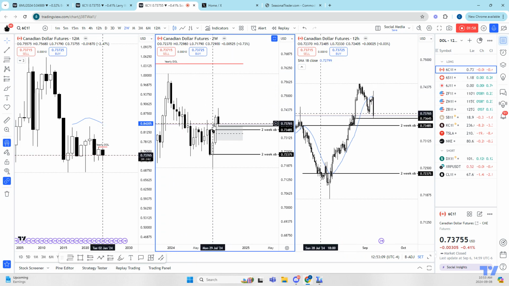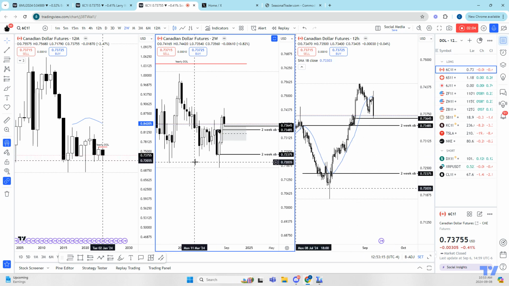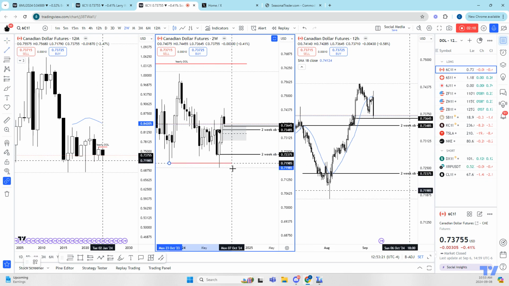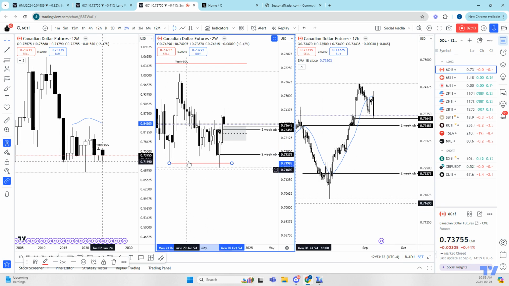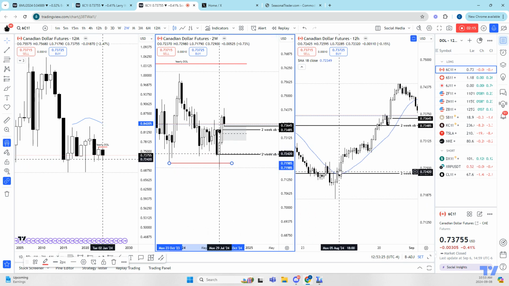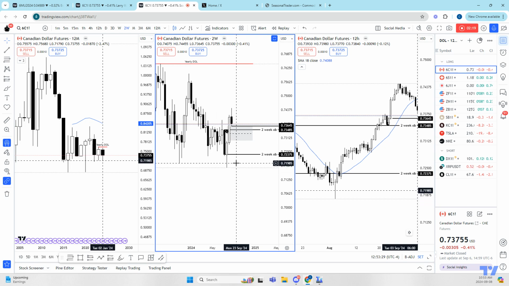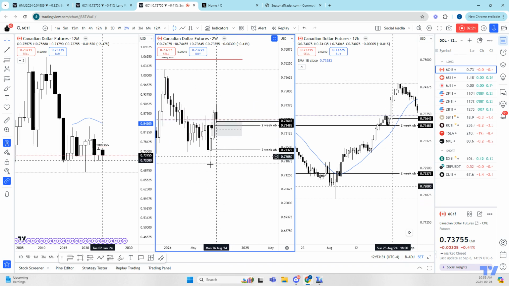Now, if I'm looking for longs, I want the market to be in a bullish delivery state. The only entry I'll take if the market is delivering in a bearish state is if it trades below a swing low and I get an entry on my entry time frame. Right now we're delivering bullishly. What do I mean by that?